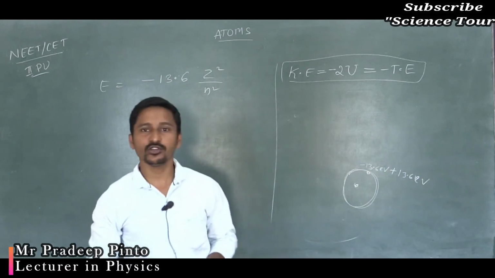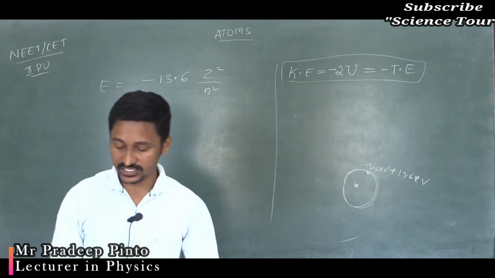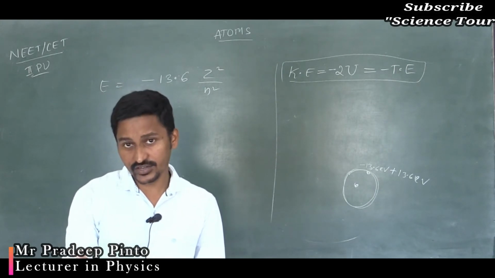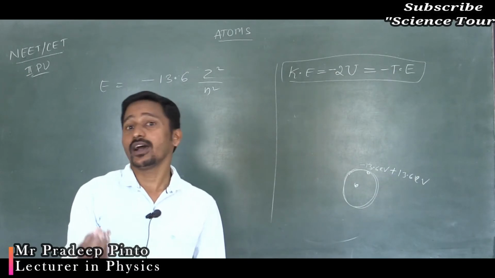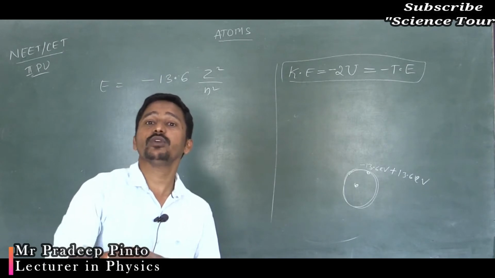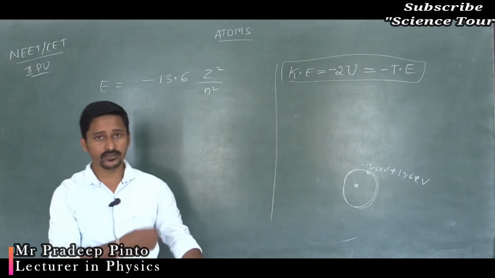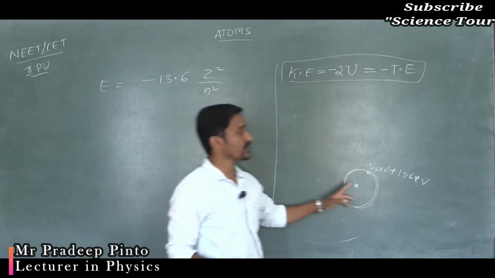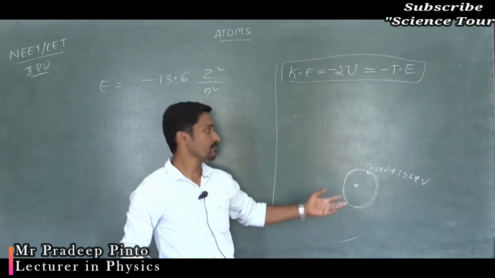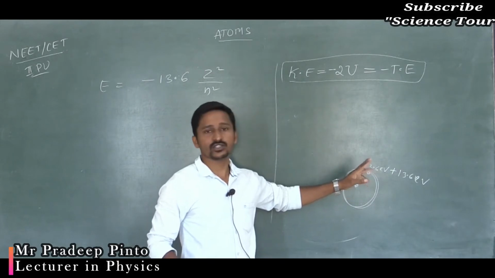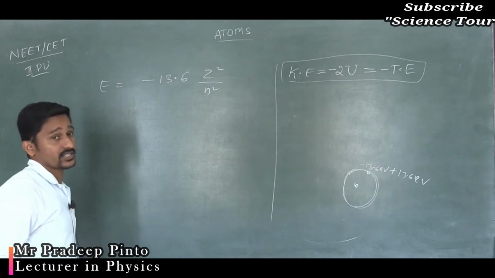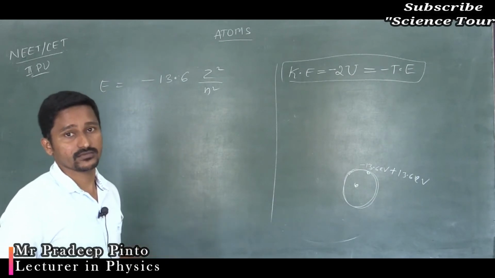When we make an electron free, that is nothing but the ionization energy, the minimum energy required to remove an electron from the outermost orbit. For different orbits it becomes different, based on n square and Z square, it varies.